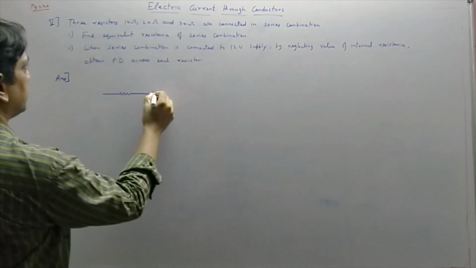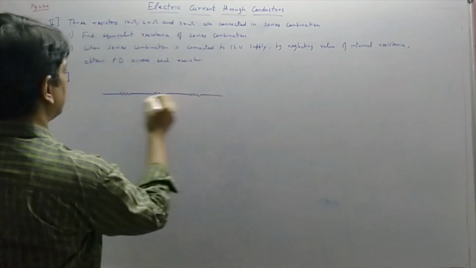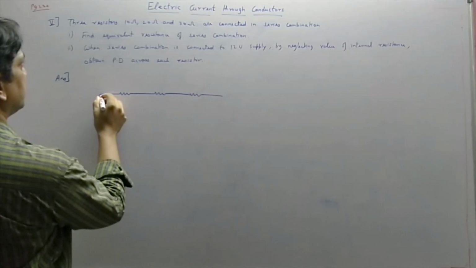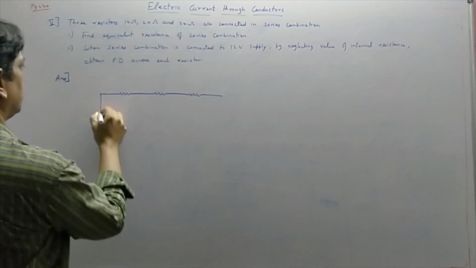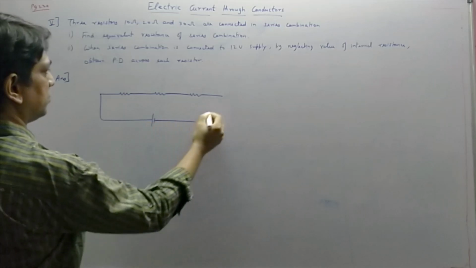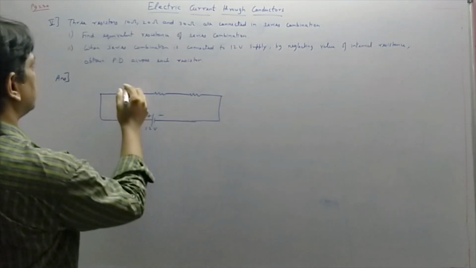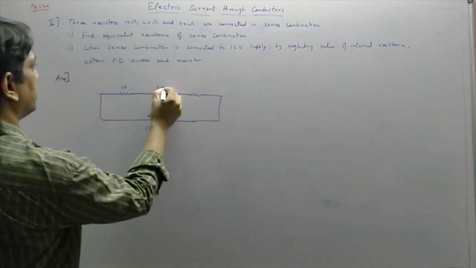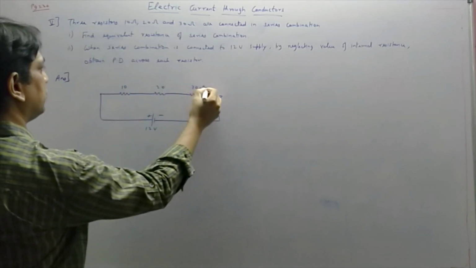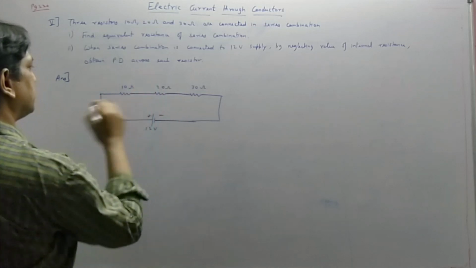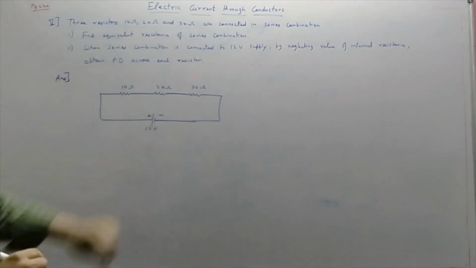It is something like this. We have 10 ohms, 20 ohms and 30 ohms, connected to a voltage power supply, a 12 volt battery. This is my 10, this is my 20, and this is my 30 ohm resistance, neglecting internal resistance.